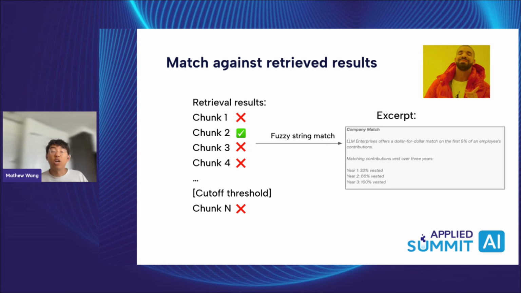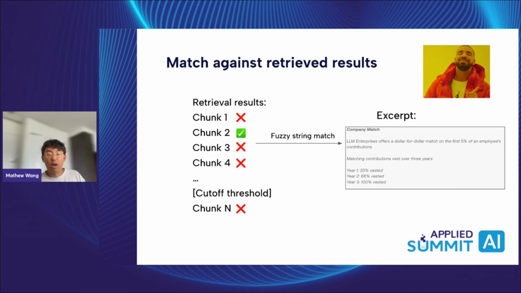And the way you decide what context to pass to the LLM is with a cutoff threshold. You have these chunks ranked by similarity, and then you set a cutoff at some point. Usually the number of chunks is very popular. There are other ways to do it as well.